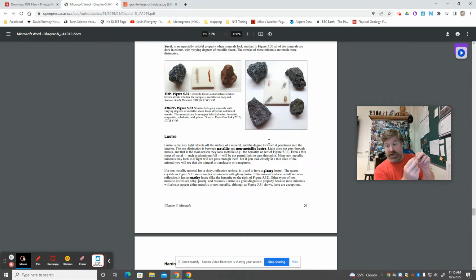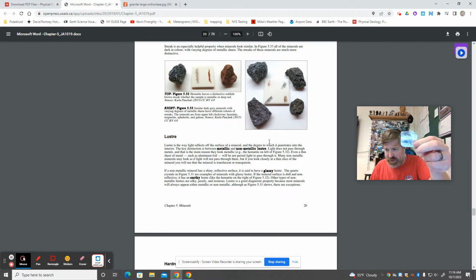If I shine it in the light, what do I see bouncing off of that? Broadly, the big categories are whether it's metallic or non-metallic. This, even on this not so hot camera, looks like a lump of metal. It's not metal, but the way that it shines and reflects light looks metallic, right? That's different than shiny.